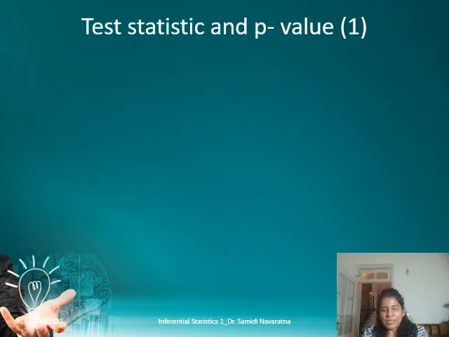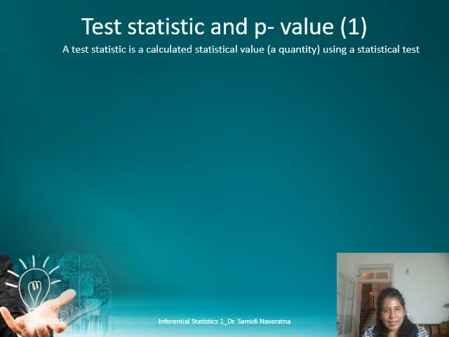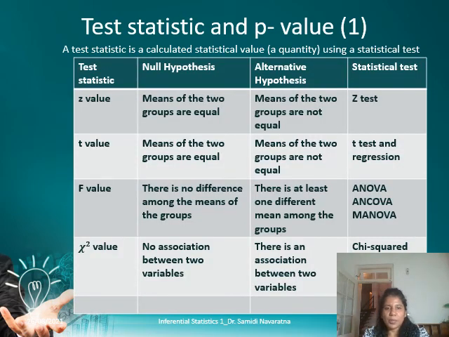So, what is a test statistic? It's a calculated statistical value using a statistical test. So, these are the appropriate statistical tests for a given test statistic. So, I have given the corresponding null hypothesis and the alternative hypothesis too.